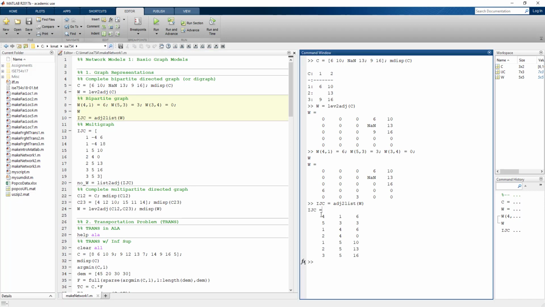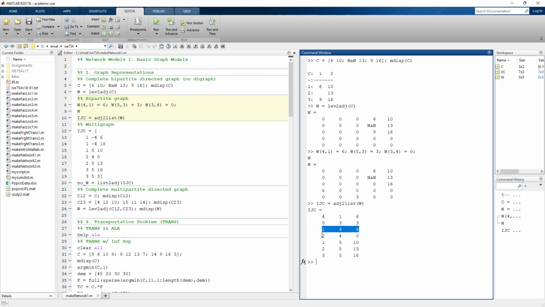When you look at the resulting arc list, you can see that the undirected arc is represented twice in this representation. So we have a 4 to 1 and then a 1 to 4. Both have the value of 6.